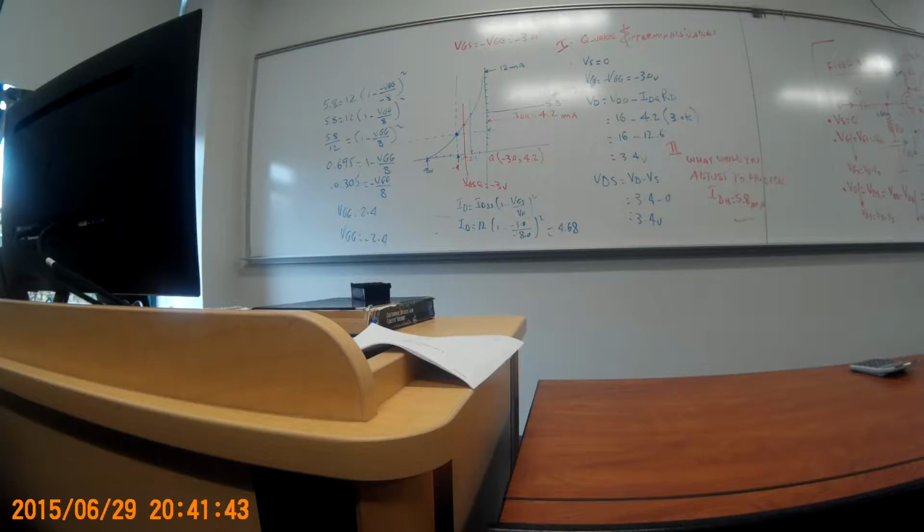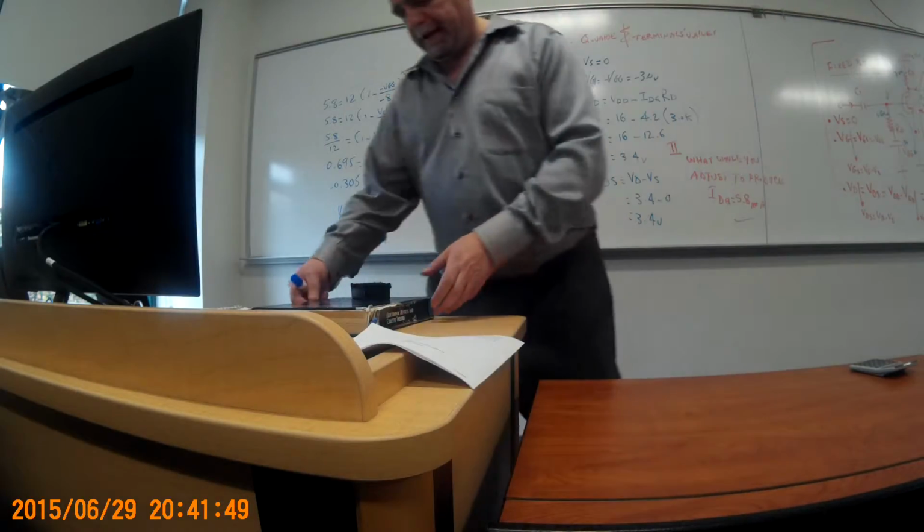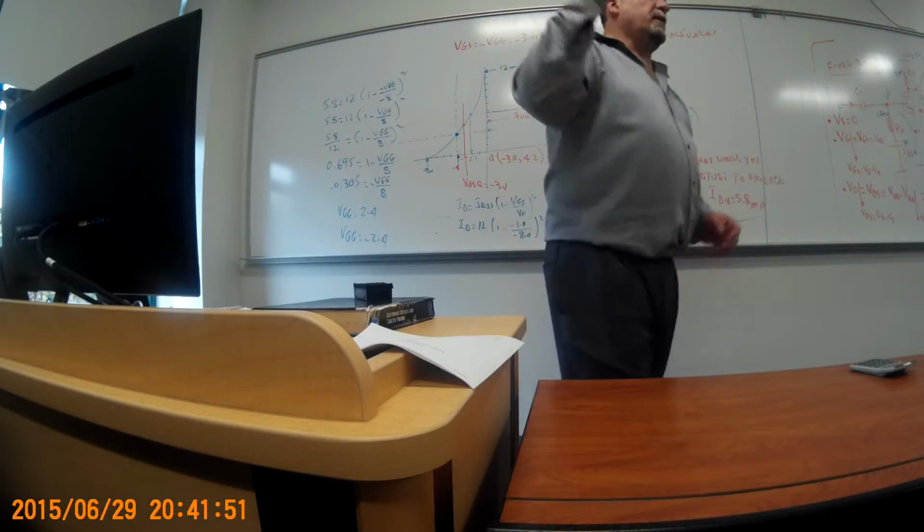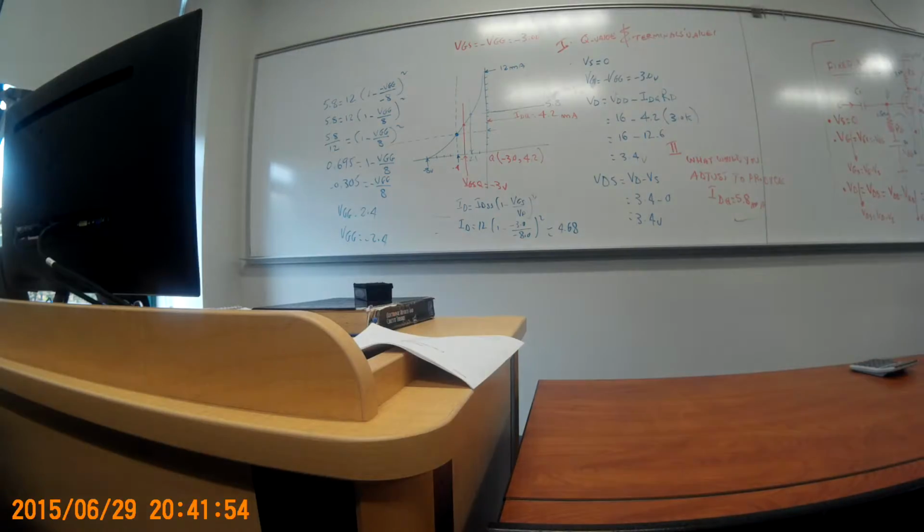You click on assignment and you'll find chapter 7 exercises. You could do them for practice. 781 is number 2, 782 is number 3. Do 1, 2, and 3.